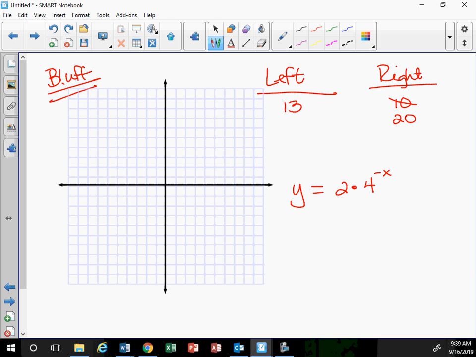Left side's turn. Last one, guys. Everybody make sure you're doing it, in case you can steal.